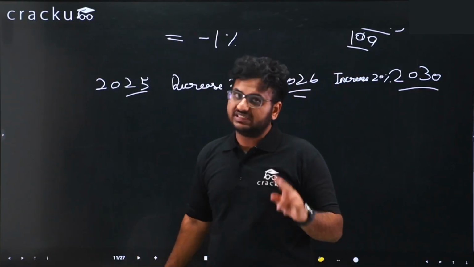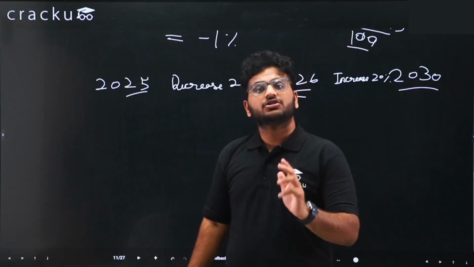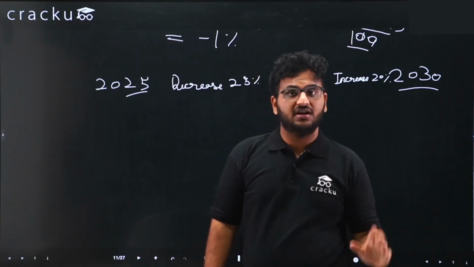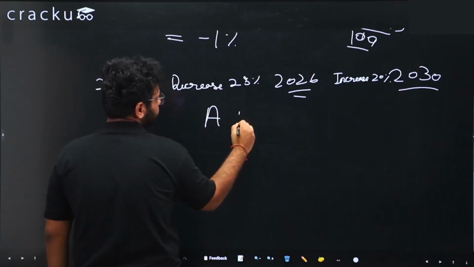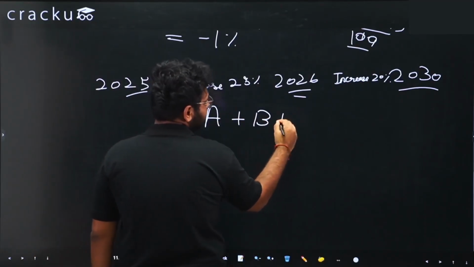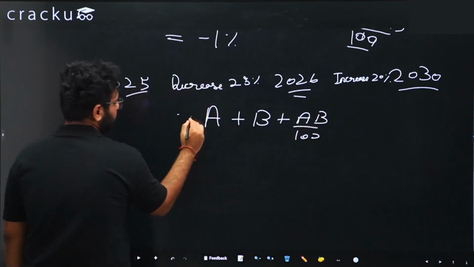There are two successive percentage increase or decrease, so we will apply the formula. What formula did I tell? A plus B plus AB by 100. So this is the formula.